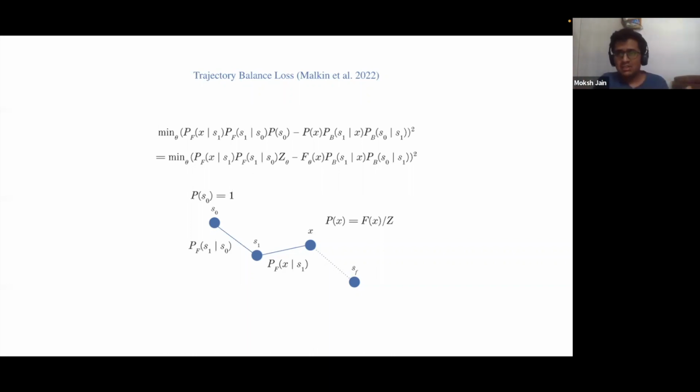Empirically, Sebastian will cover this, but we can expect it to work even in graphs where the number of terminal nodes is like 10 to the power 20 or something, at least experimentally. That's what we have seen.